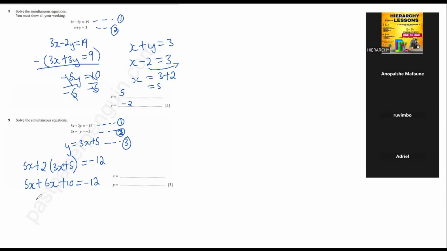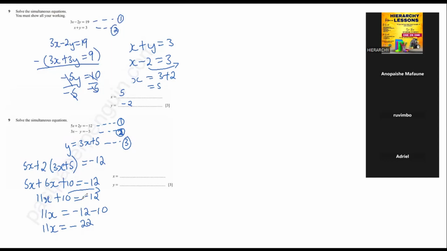And then we get 11x plus 10 is equal to minus 12. And then we have 10 goes that side. So 11x is equal to minus 12 minus 10. And then 11x is equal to minus 22.